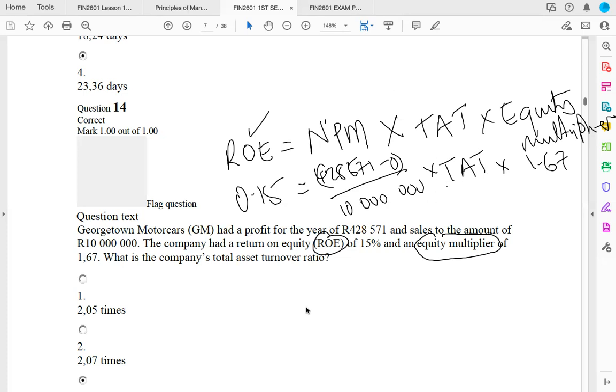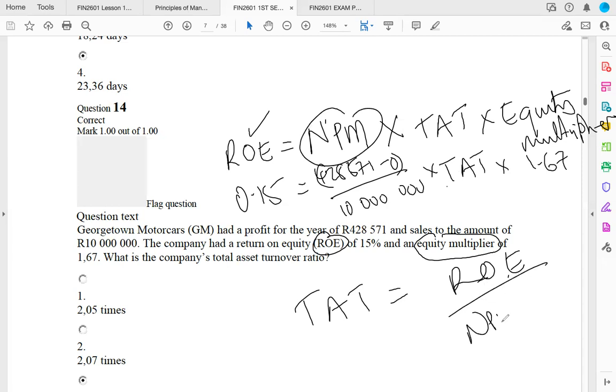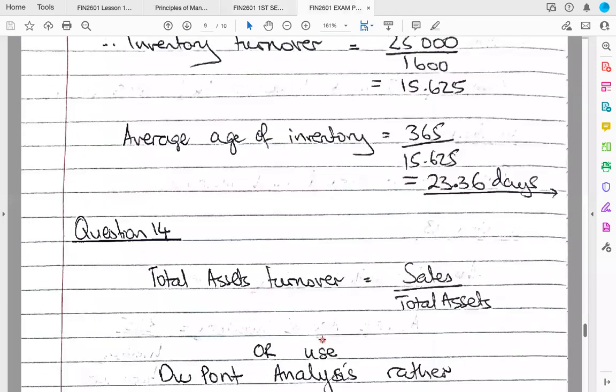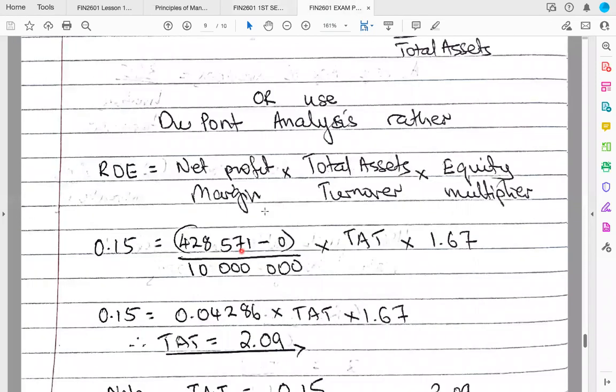So we can calculate our total assets turnover by taking our return on equity divided by the net profit margin multiplied by the equity multiplier. We can calculate our net profit margin, which is 0.04286, times the total assets turnover times the equity multiplier.